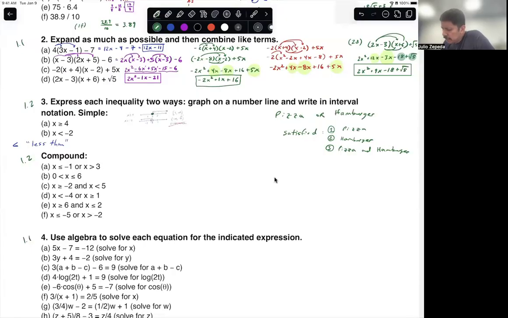Let's take a look at the pictures separately and then we'll look at them together. So x is, let's say -1, and then there's 3 here. So I'm going to graph them on separate lines, and then we'll put it together.